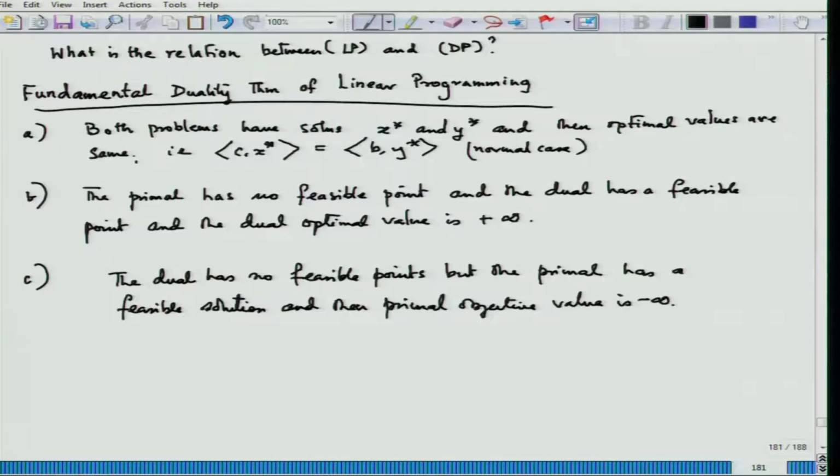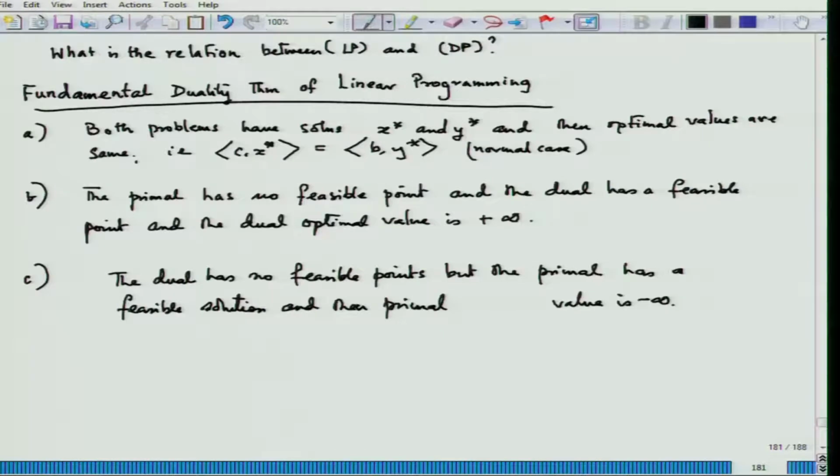Cannot say it is minus infinity, this is a vague statement actually. We cannot say that the primal optimal value is minus infinity, but we say that these are unbounded basically. Primal problem is unbounded below, dual problem is unbounded above. Which is a shortcut way of telling this is the dual optimal value, this is the primal optimal value.